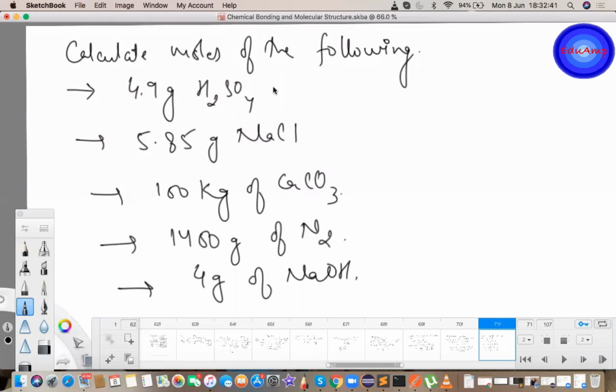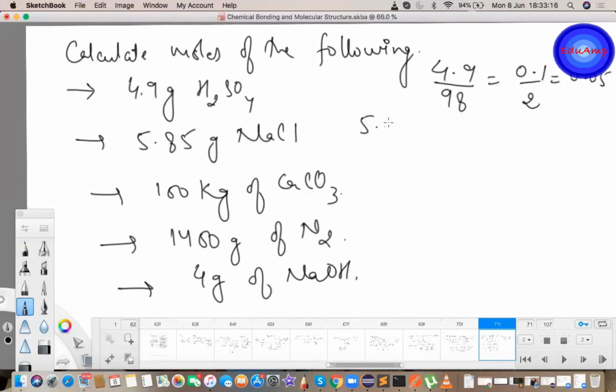For H2SO4, the given mass is 4.9 divided by the molecular mass of H2SO4, which is 98. So this would be 0.1 by 2, that would be 0.05. So the first answer is 0.05.